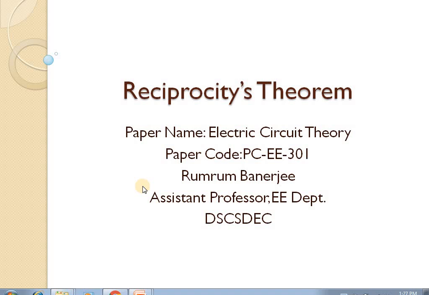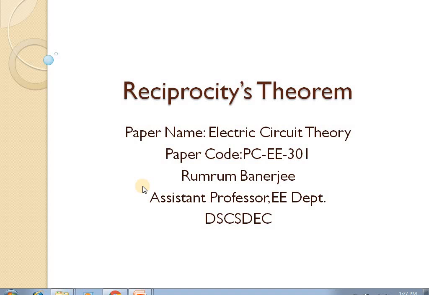In my previous lecture, we analyzed different laws of network analysis like Ohm's law, Kirchhoff's voltage law, and Kirchhoff's current law, and different theorems to solve network analysis problems like the superposition theorem, Thevenin's theorem, Norton's theorem, and Millman's theorem.